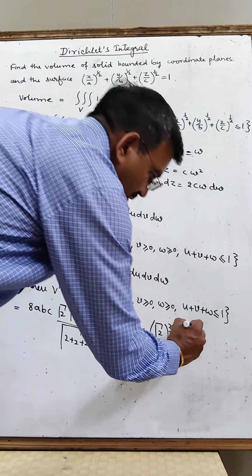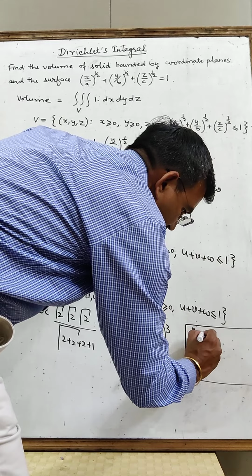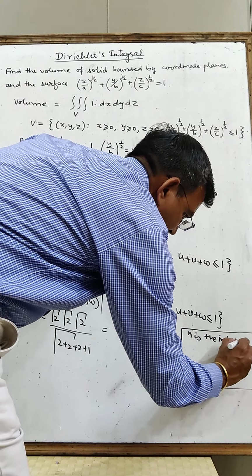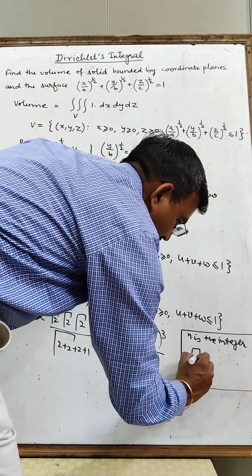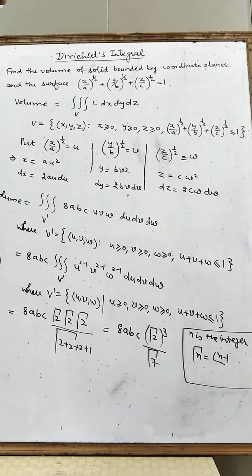We know from the gamma function that if n is a positive integer, Gamma(n) is equal to factorial of (n minus 1).